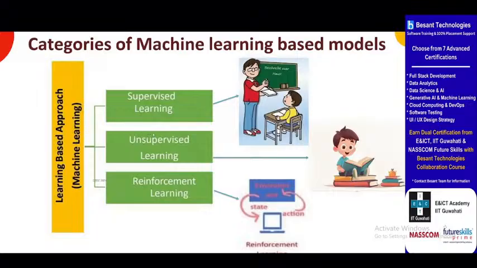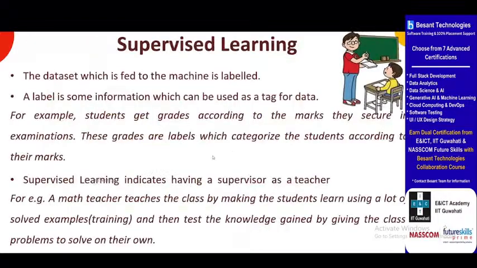So learning based approach. This is your categories of machine learning as we have seen. Supervised learning. Supervised learning means, suppose you have a particular data set, and that data set always has all the labels.